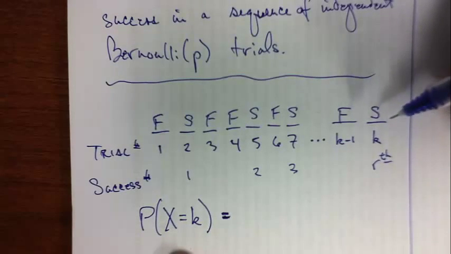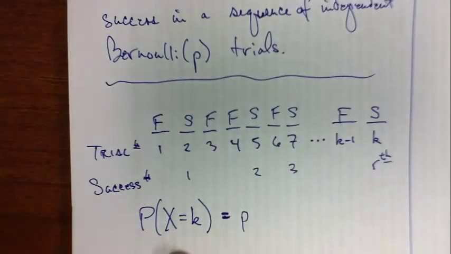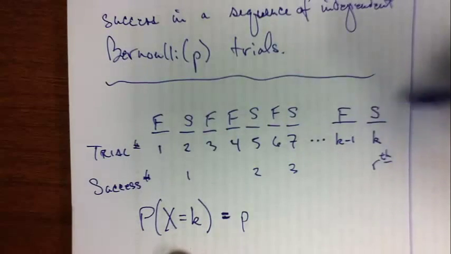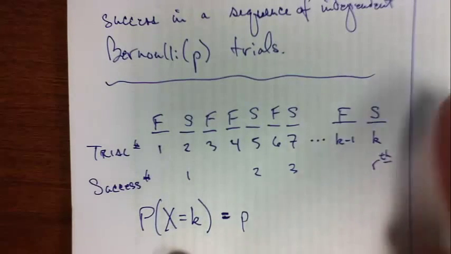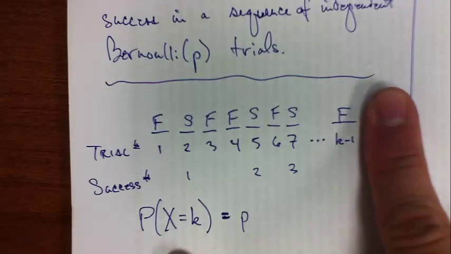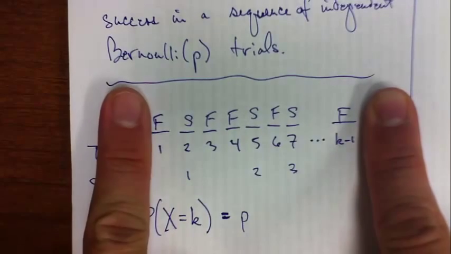All these trials are independent, so I'm just going to multiply by probability p, because p is the chance that I see a success on the kth trial. Now, what I have to see is r minus 1 successes in the previous k minus 1 trials.